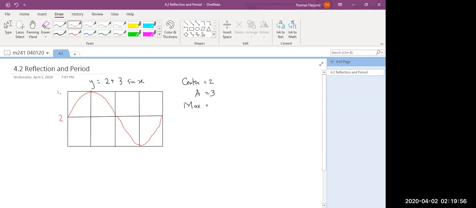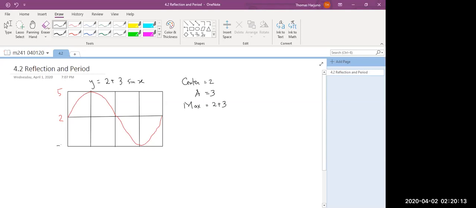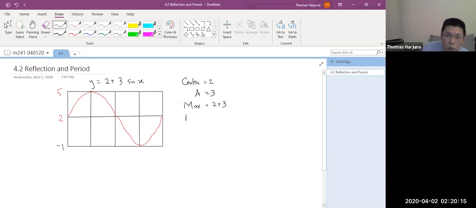Five. That will be 5. And we get that 5 from 2 plus 3, right? Now from the center, if we go down by the amplitude, what do we get? -1. So the minimum is -1. It comes from the center minus the amplitude.